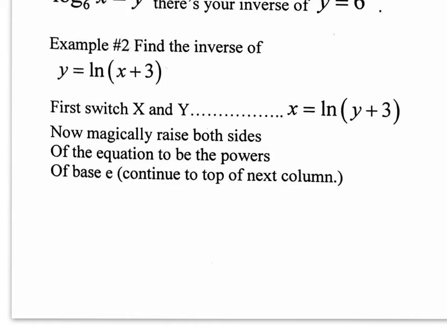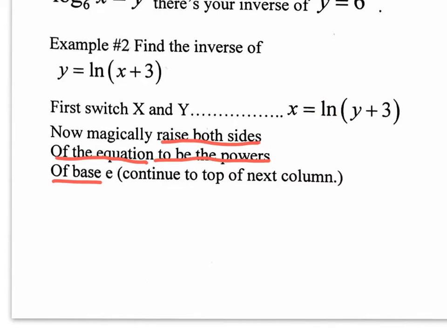To get rid of a logarithm, whether it's base e or base 2 or base 5 or any type of base, what you're going to do is raise both sides of the equation to be the powers of the base. And in this case, we want base e because this is a log base e.